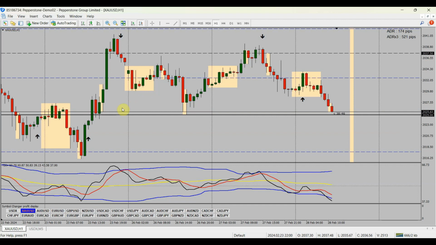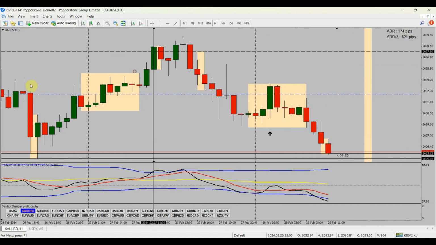I'm going to show you guys how you can use the TDI as a means for confirmation that price is at the high of the day. What's our 1 hour chart? Any pair would do. I'm using gold. So let's look at yesterday.